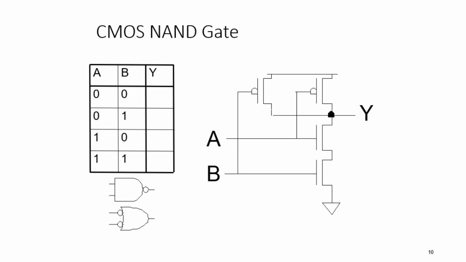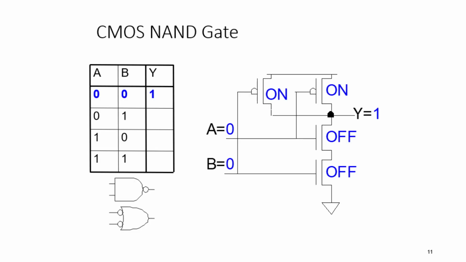Let's try to understand the operation of this CMOS NAND gate. Let's consider the inputs one by one. If the input A is 0, then the corresponding NMOS transistor will be turned off, and the corresponding PMOS transistor will be turned on. As I have just told you, because this is a series network, if even one of the transistors is turned off, then this whole path is open.